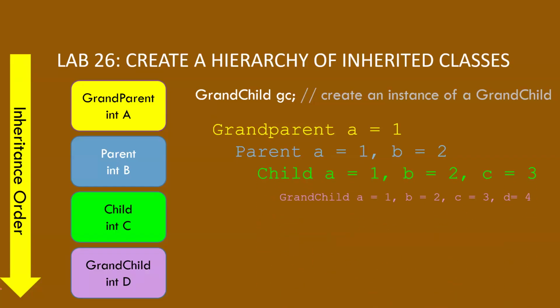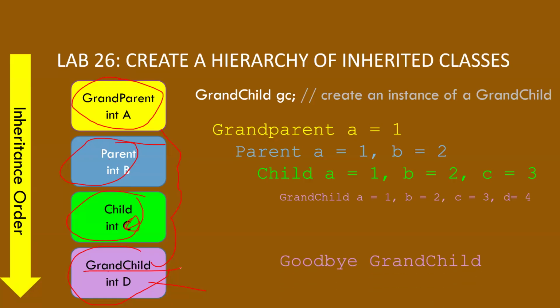Okay, so it's going to go all the way to the bottom and construct the base class and then unwind and construct the stuff on top of it, right? So if I'm just creating a grandchild D, it's going to be like bonk, bonk, bonk, construct, construct, construct, construct. That's if we appropriately trigger the child class right below the grandchild here, okay?